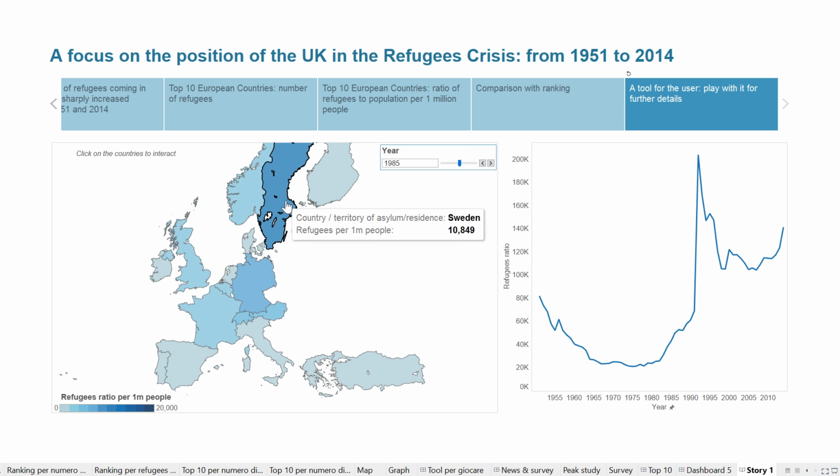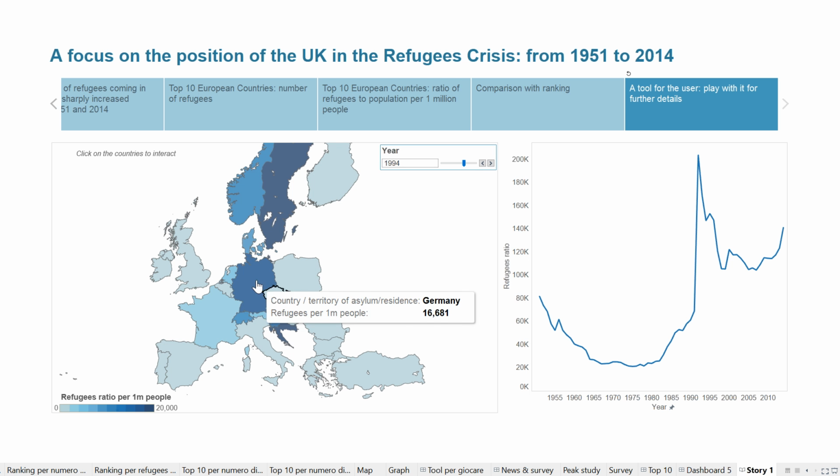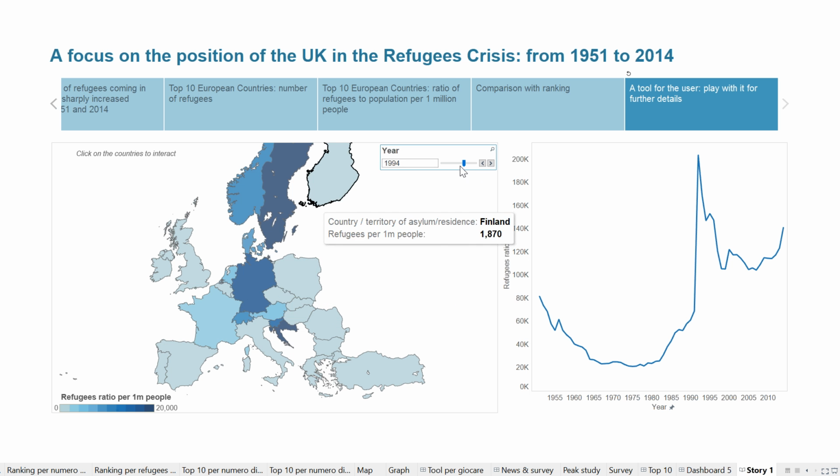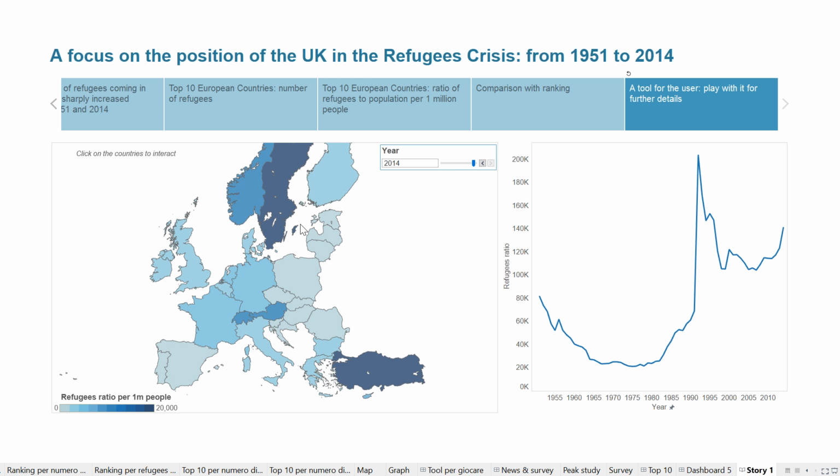it's possible to see that Sweden has always been the country actually taking a lot of refugees, like also Germany. And if we arrive in 2014, basically the refugees ratio is quite the same as the one of Turkey in 2014.